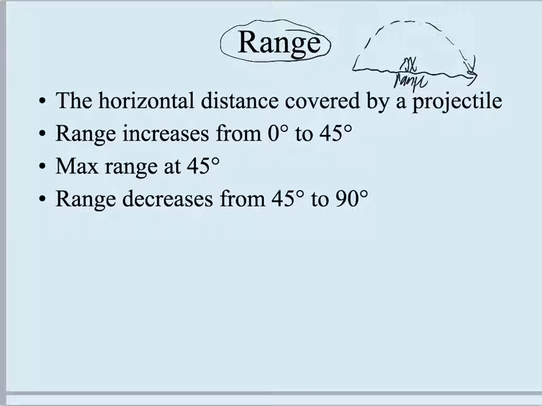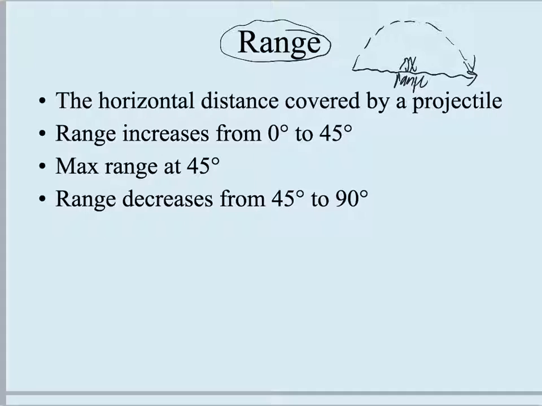As you go up to 45, your range gets greater and greater. At 45, you're going to get your max range. Now remember, this is ignoring air resistance. So no wind, nothing is considered in these patterns. And then the range decreases from 45 up to 90.